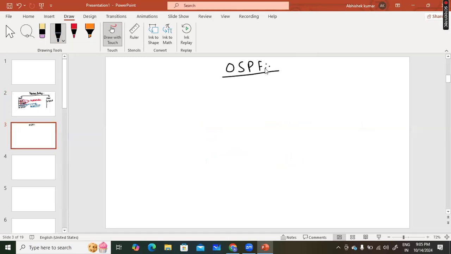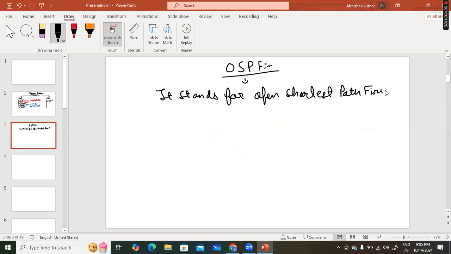OSPF stands for Open Shortest Path First. Second, it is an IGP routing protocol.